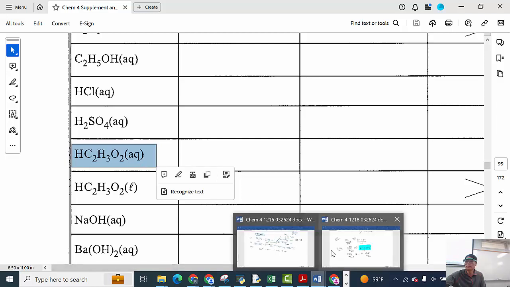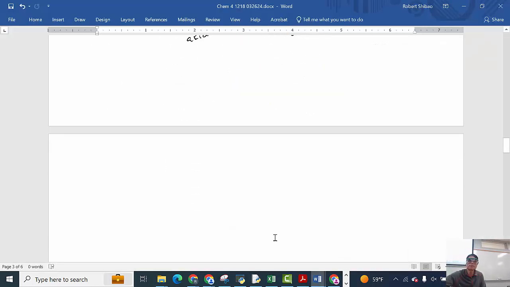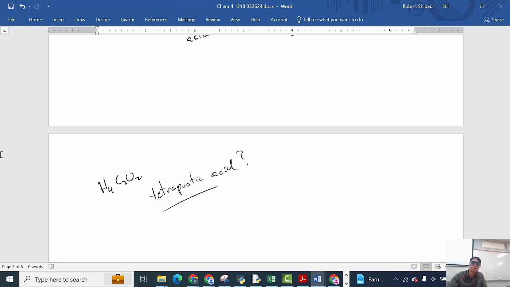And therefore, if you memorize acetic acid, we probably should memorize it like this, H4C2O2. We should call this what we call a tetraprotic acid. Is that right?